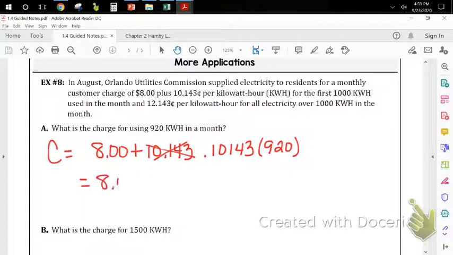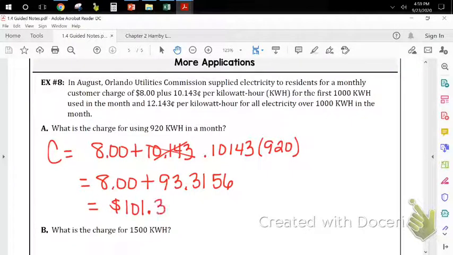So I get $8 plus 0.10143 times 920. I got 93.3156. Did I do that right? 0.10143 times 920. I did. Plus 8. So I got 101.3156. Remember, it's money, so we round it to 2 decimal places. So $101.32.